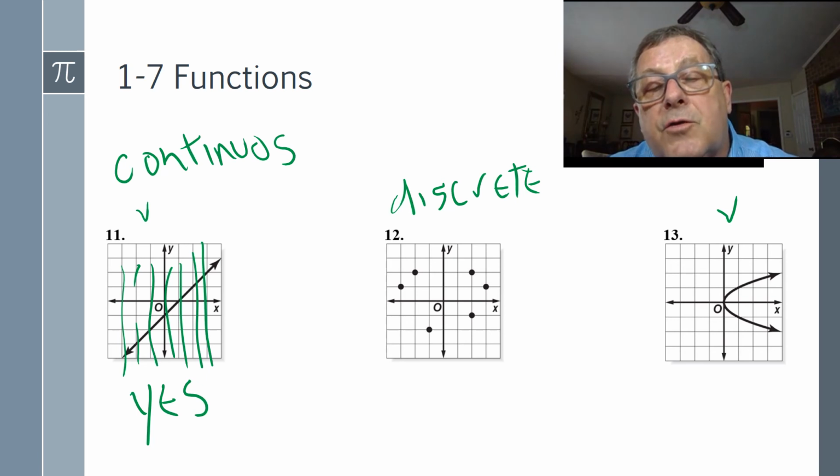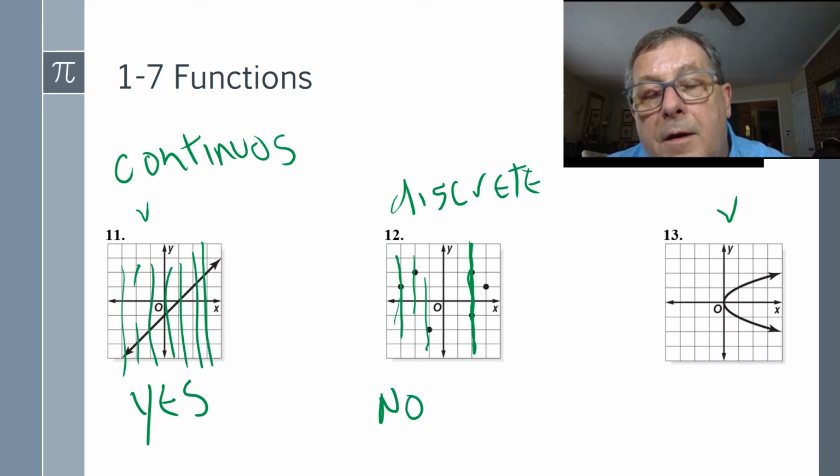Now here I've got a discrete graph, so let's see, right here I'm good. Only crossing one place, and here it's crossing once, and here it's crossing once. But right here, it hits both of those ordered pairs, and therefore this would not be a function.